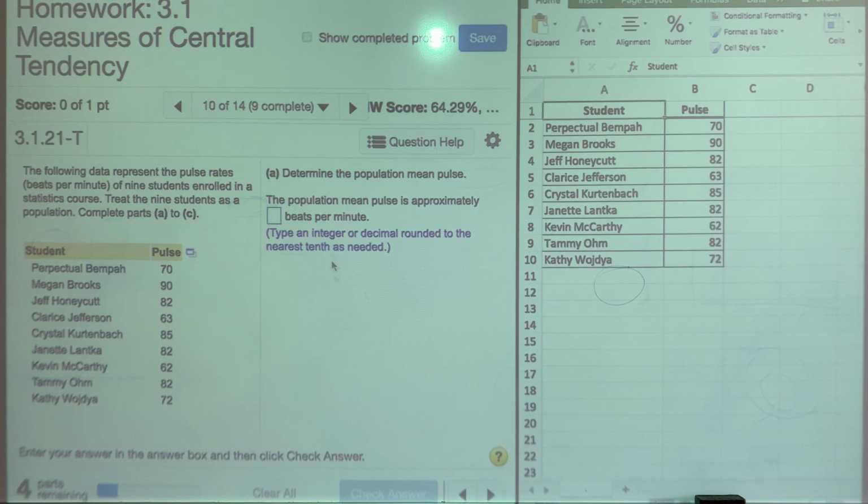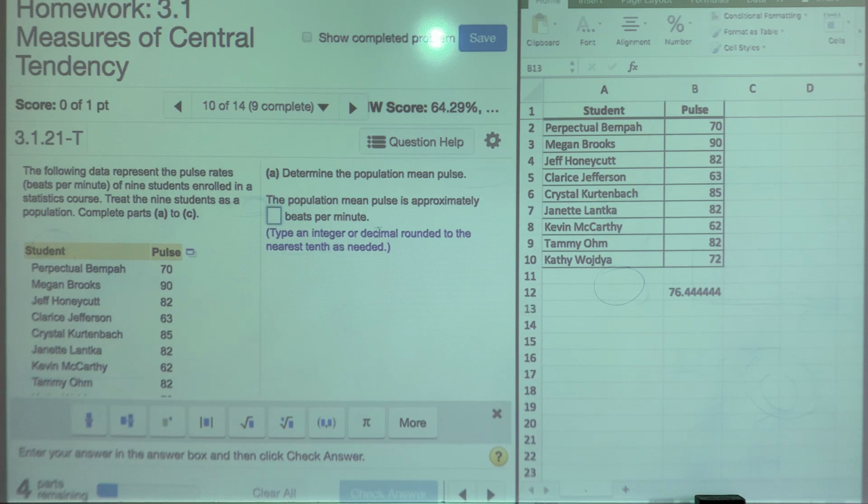All right, so for number 10, it says determine the population mean pulse. So these are all the people in our population. How do we find the mean? Well, equals what? Average. Select the first cell, hold down shift, select the last cell, and there's our mean.